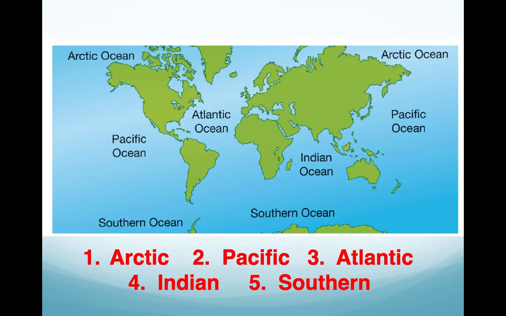Then we have the Atlantic Ocean, on the east coast of the United States, and the Indian Ocean, just south of India, but also east of Africa and west of Australia. And finally, near 90 degrees south, we have what is called the Southern Ocean. Those are the 5 major oceans on Earth.